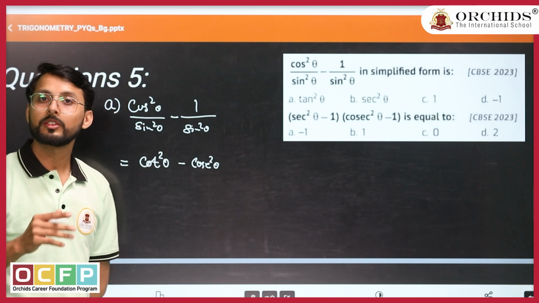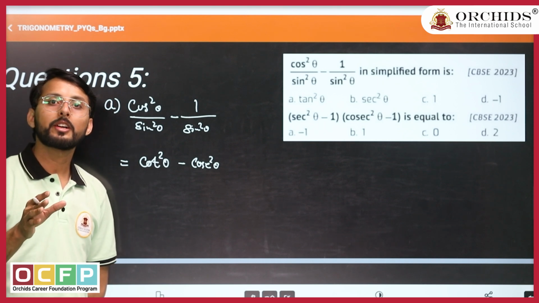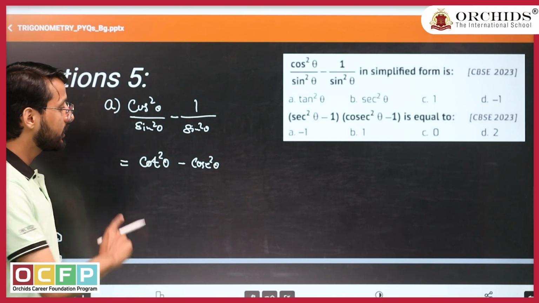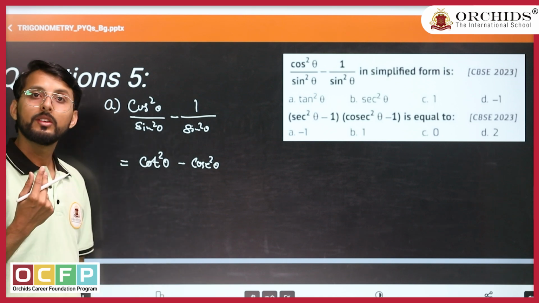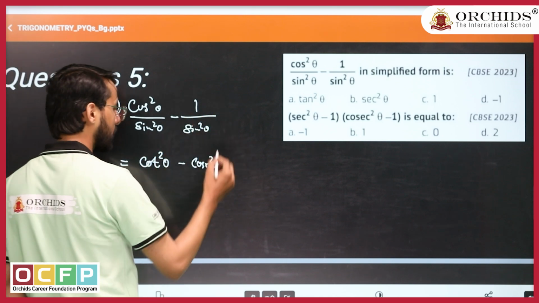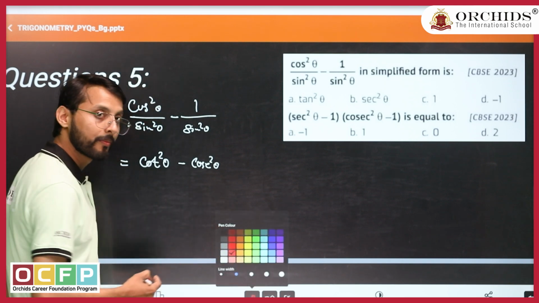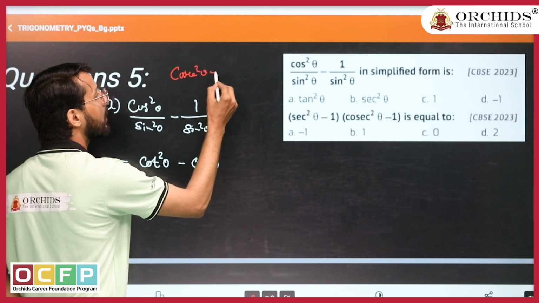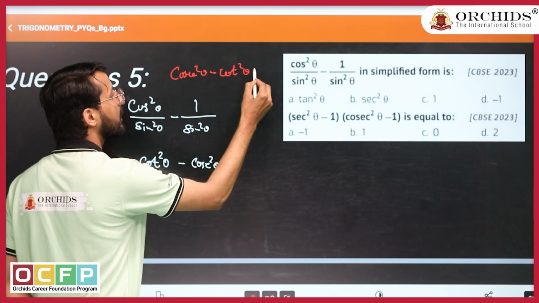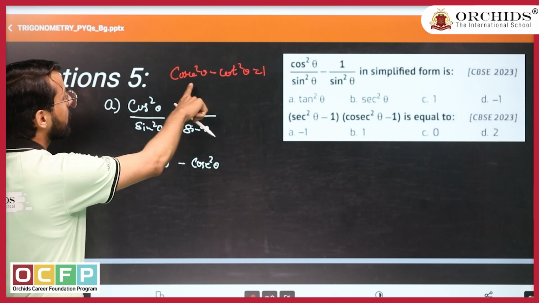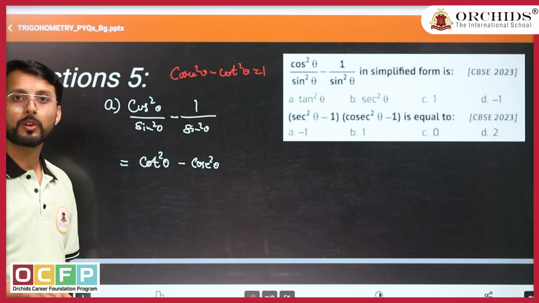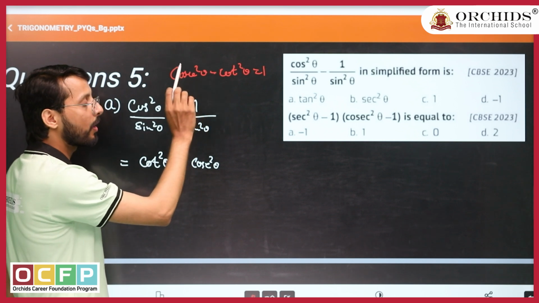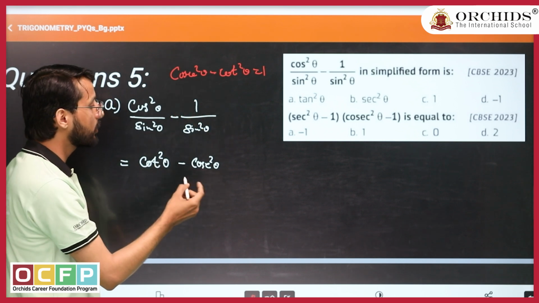Just before this question, we wrote the trigonometrical identities. Out of all 3 identities, this one looks similar to the third identity. What was the third identity, guys? Anybody remember? The third identity was cosecant square theta minus cot square theta equals 1. I can see cosecant and cot are present in this question also. But the problem is, instead of cosecant first and negative cot, they have given cot positive and cosecant negative.